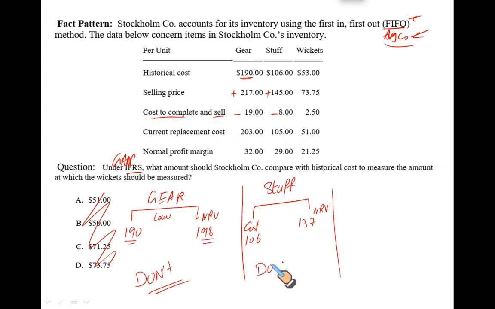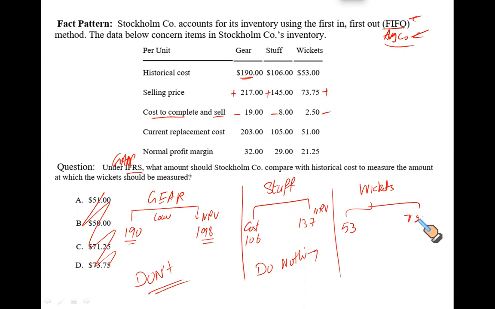Things are fine. We don't need to write down any loss. What about the third case? Wickets. For wickets, the cost is 53. NRV, which is final selling price minus cost to complete and sell: 73.75 less 2.5, you get 71.25.